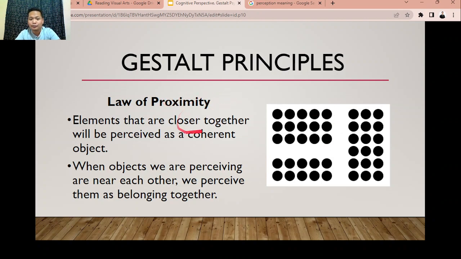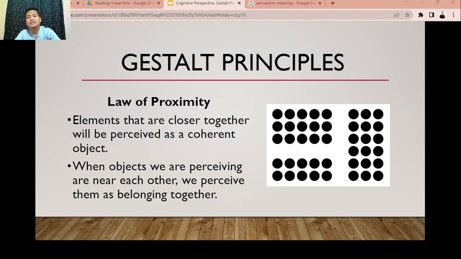Proximity talks about distance, that's why it's the law of proximity. When objects we are perceiving are near each other, like this, we perceive them as belonging together. We don't look at them as individual dots, but we see them as a group.